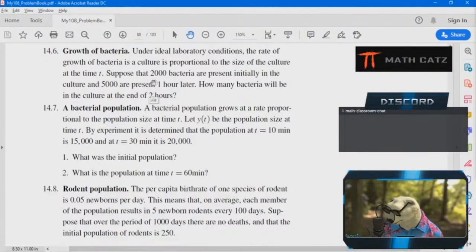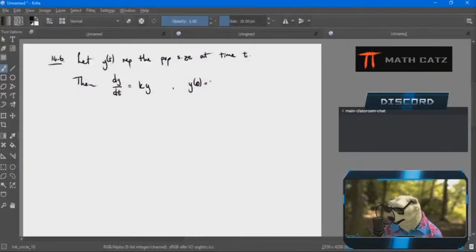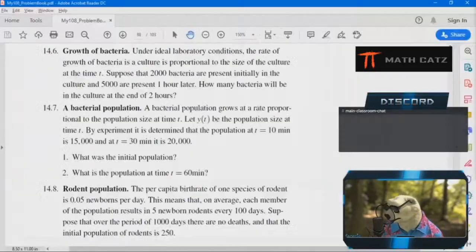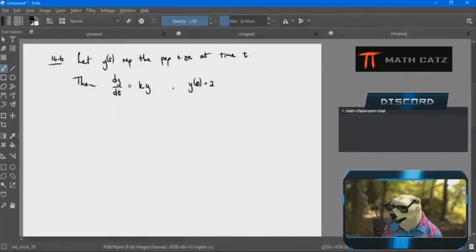Let's see. So in this case, they tell me 2,000 bacteria are present initially, but they don't tell me the growth constant. So I'm going to leave that as a k. 2,000 initially. And k is going to be my, right now, unknown growth constant.